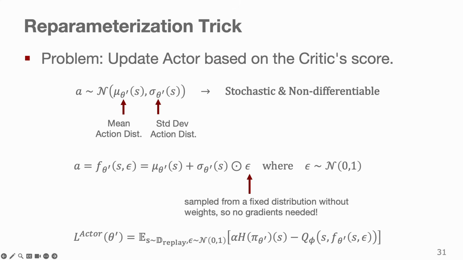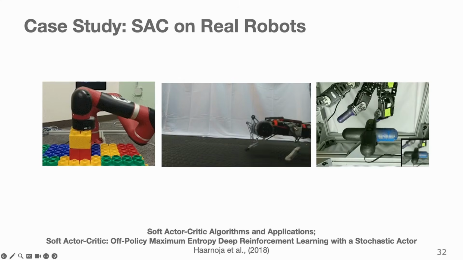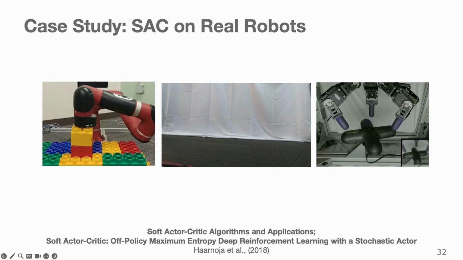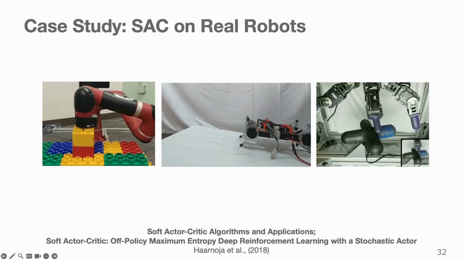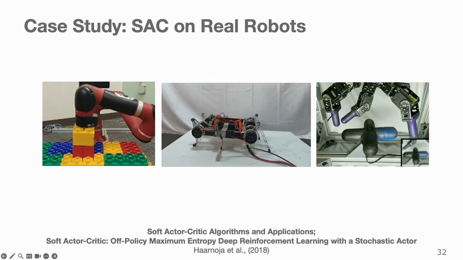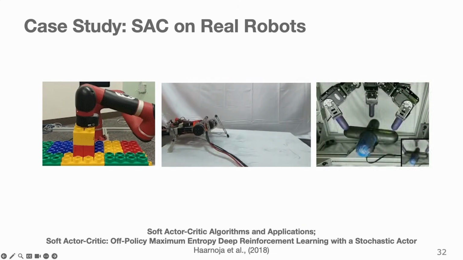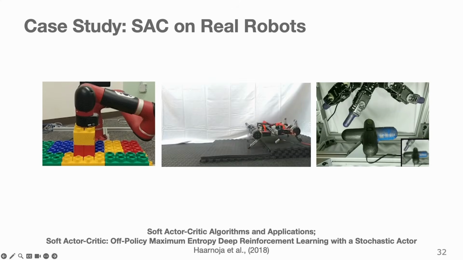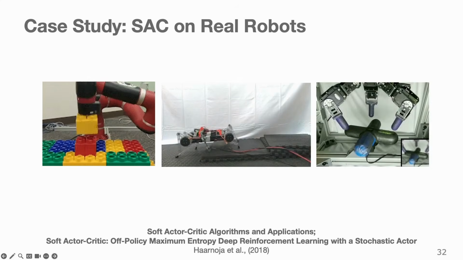But I'm running out of time. And there are also some real-world demonstrations of SAC on real robots from the original papers, from Lego stacking, quadruped manipulation, or also dexterous hands.